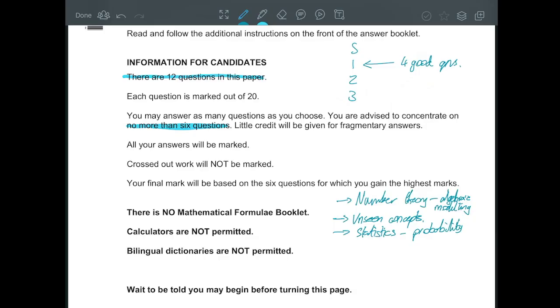But I also knew that I should avoid the mechanics questions. I often had more trouble with those, and I knew to avoid any geometry style questions, both shape geometry, vector geometry, or coordinate geometry.